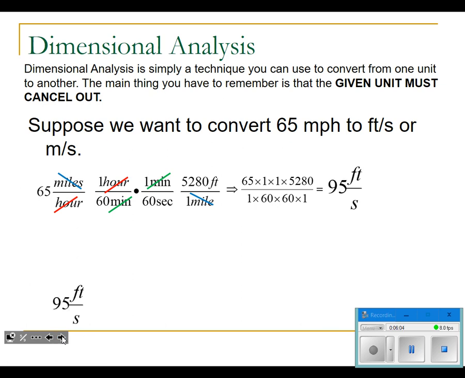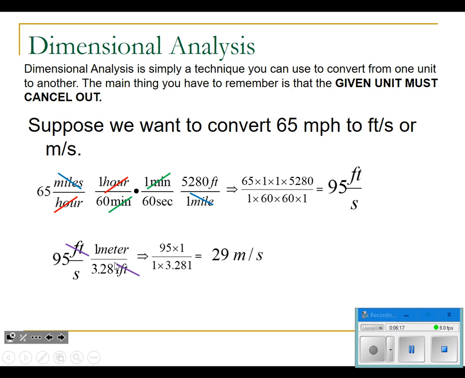Once we have that, we could go ahead and do one more and say that for every 3.281 feet is 1 meter, so the feet would cancel out, and we would end up with meters per second. We can do this step right here. It could be added right up here, and it wouldn't be an issue, and we could still just multiply and divide everything.